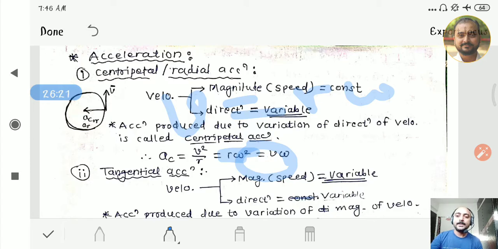Now the next one is tangential acceleration.